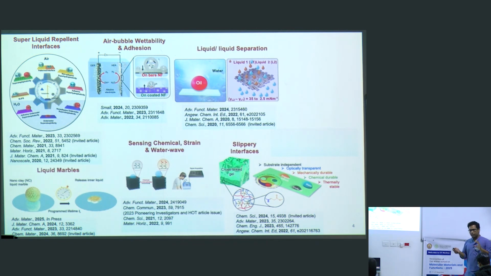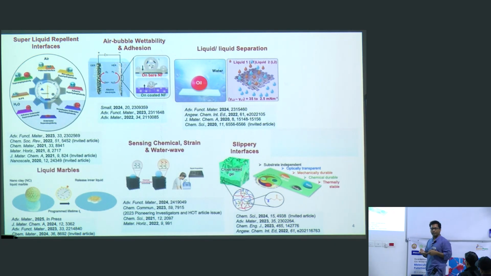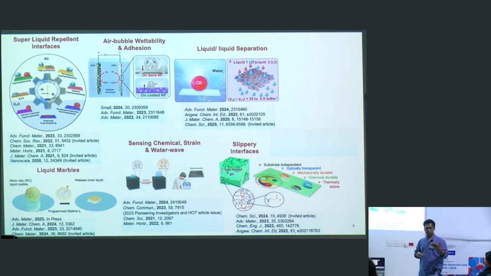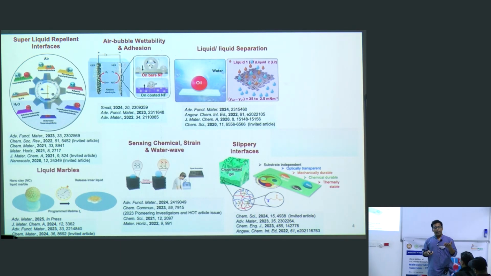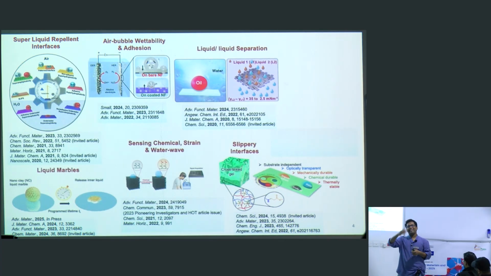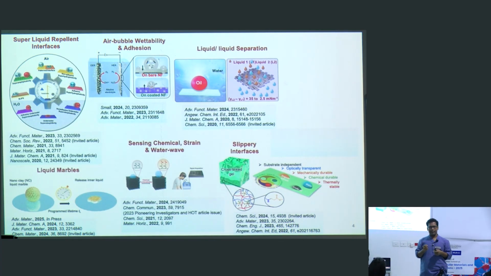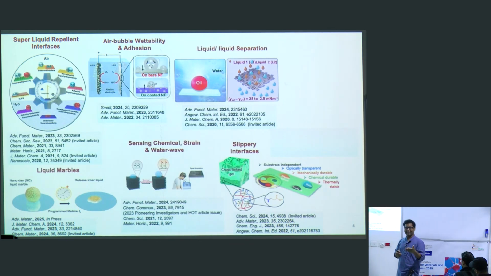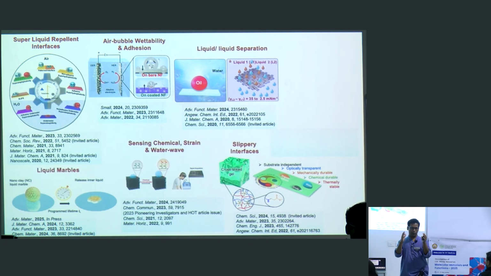It's almost two decades since Joanna Aizenberg introduced slippery interfaces, and people started realizing that these smooth interfaces can also do a lot of miracles. And at some point they could be better than heterogeneous liquid wettability. Why? In case of heterogeneous liquid wettability, you have a hierarchy in topography.